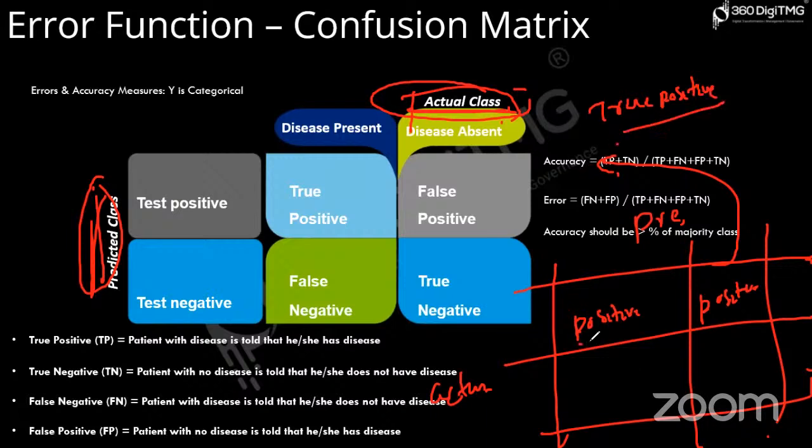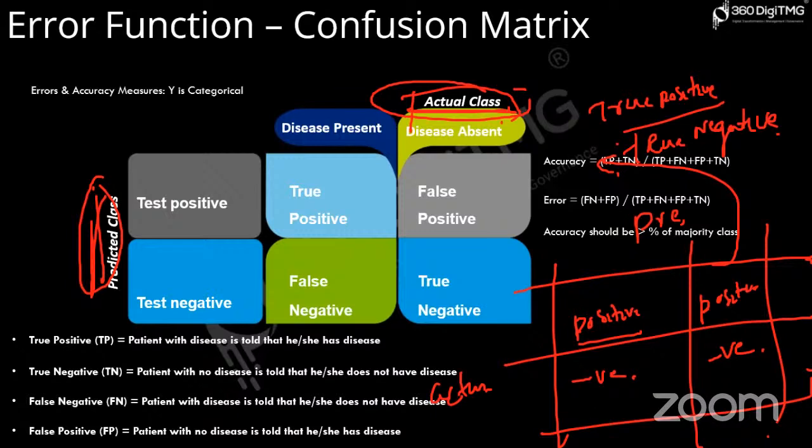When it comes to COVID cases, when the actual case is positive and the predicted case is also positive, both are positive, we call it a true positive. When the actual case is negative and the prediction made using the machine learning model is also negative, we call it a true negative.